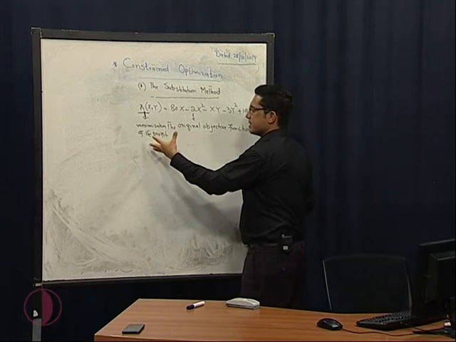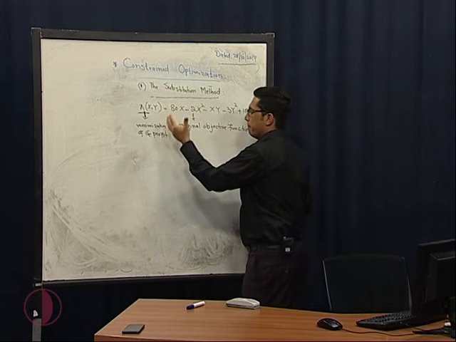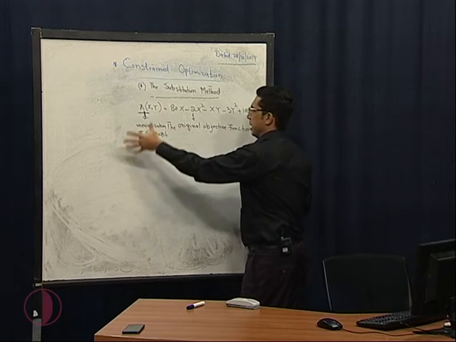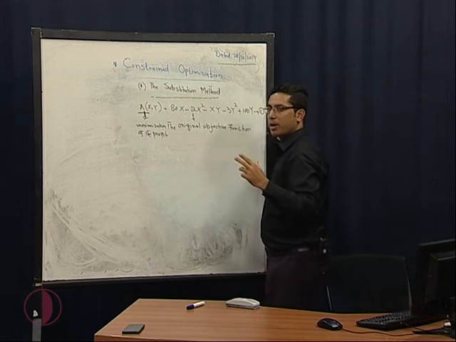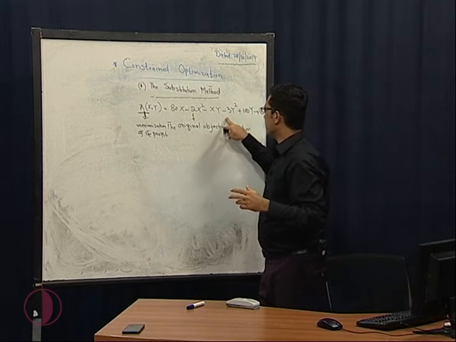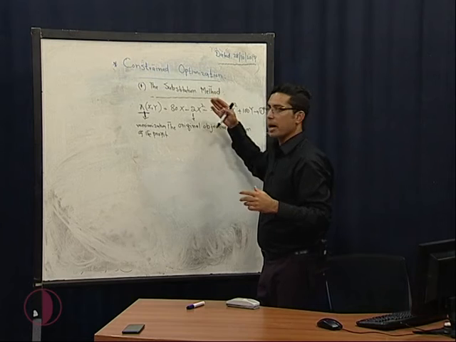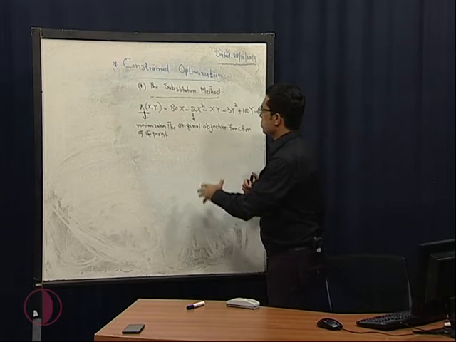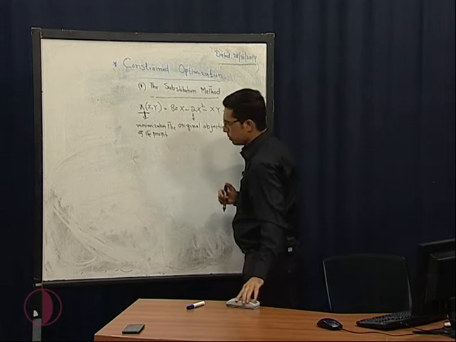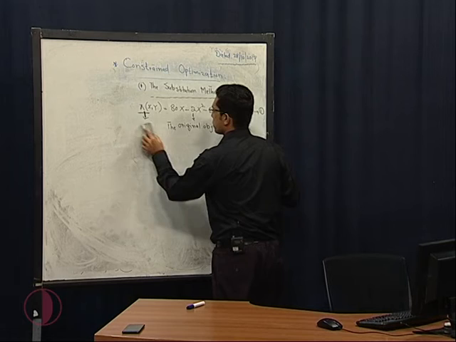So how can the business firm get maximum profit? By producing an optimal level of x and y in the presence of constraints. So this was the original objective function of the business firm.